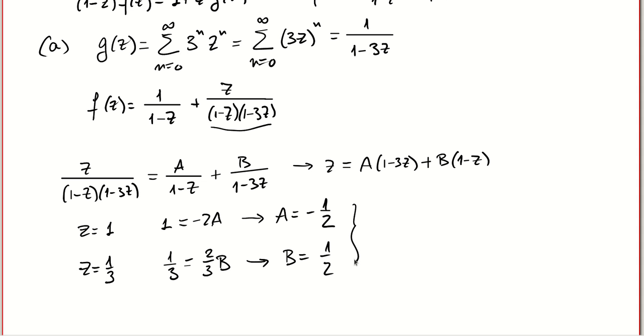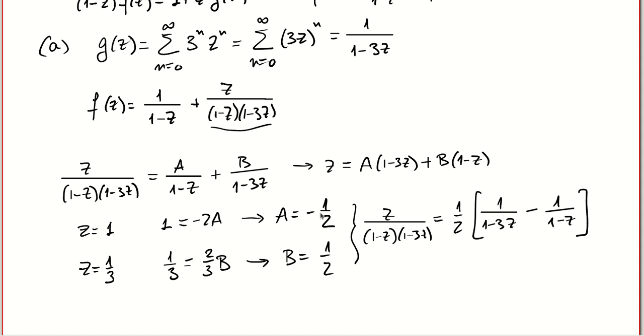From this, we know that the fraction z over (1 minus z)(1 minus 3z) is equal to 1/2 times (1 over 1 minus 3z minus 1 over 1 minus z). Remember, the coefficient of 1 over 1 minus z is minus 1/2, and the coefficient of the other one is plus 1/2.